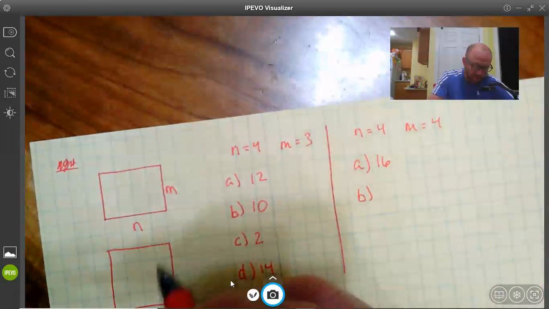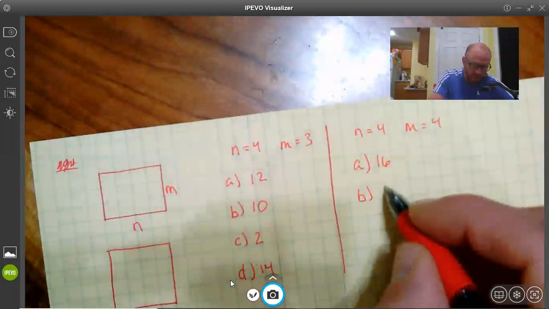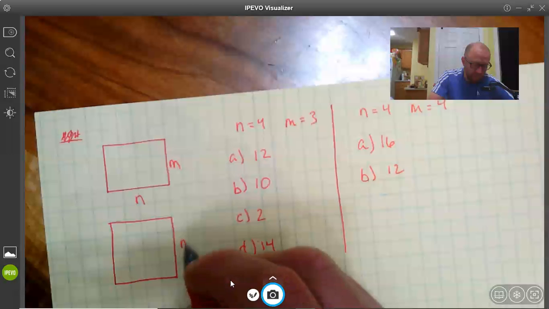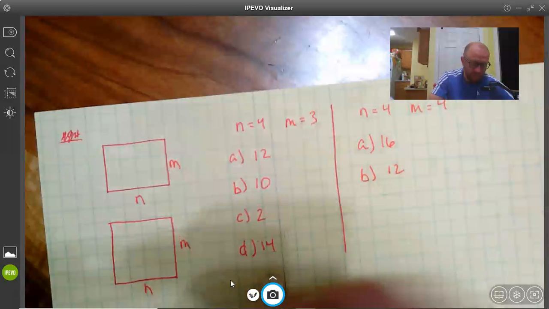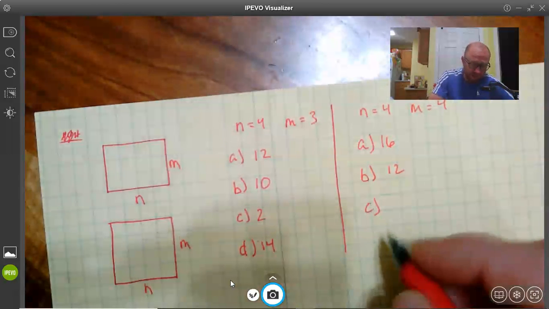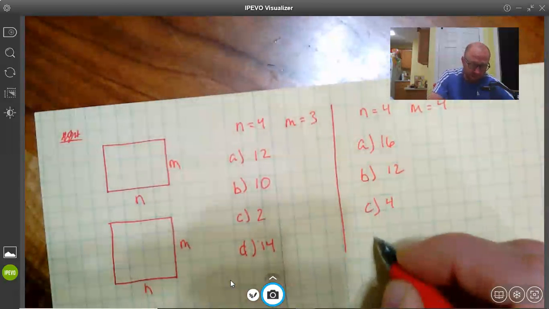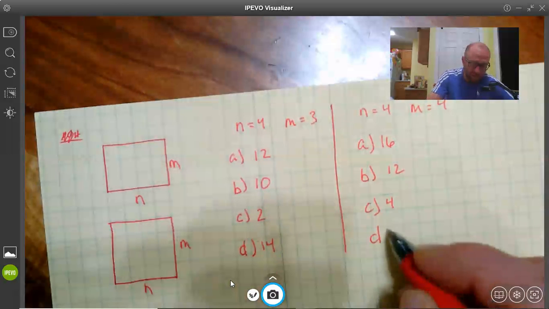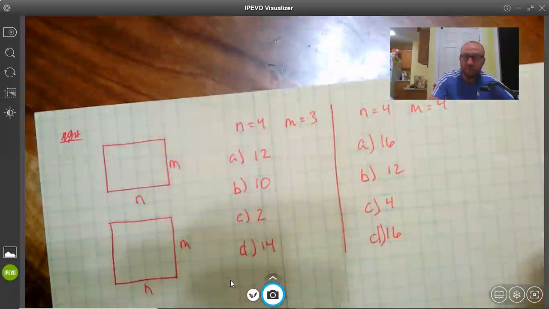For B, there are 12 boxes on the outside that aren't completely surrounded. For C, there are 4 in the center that are completely surrounded. And D, the perimeter is easy, 16 spaces all around.